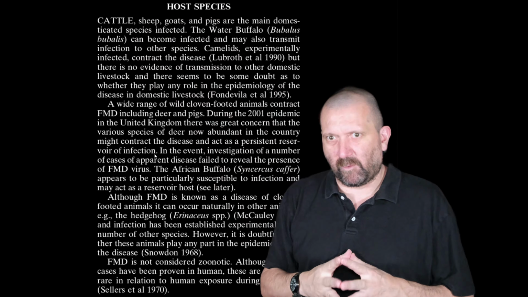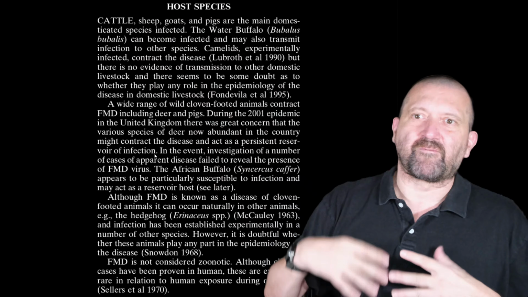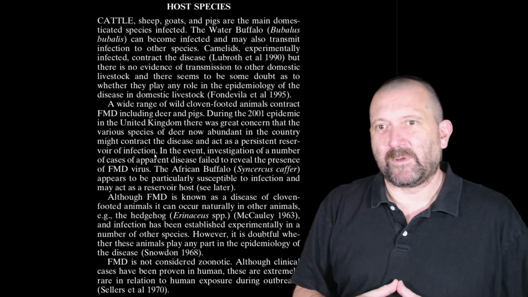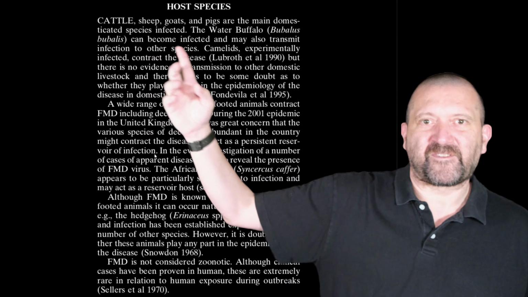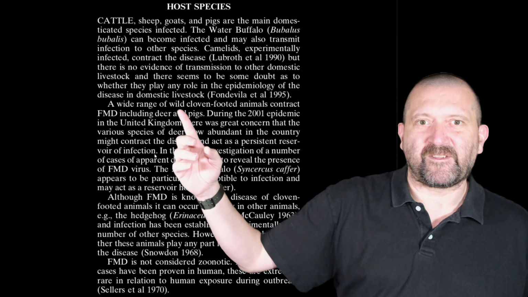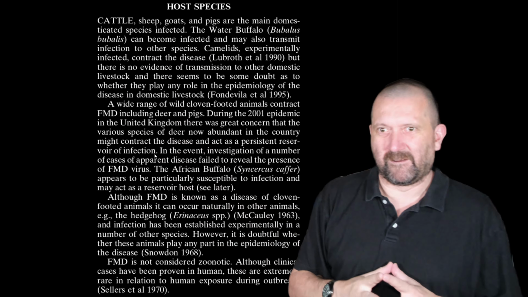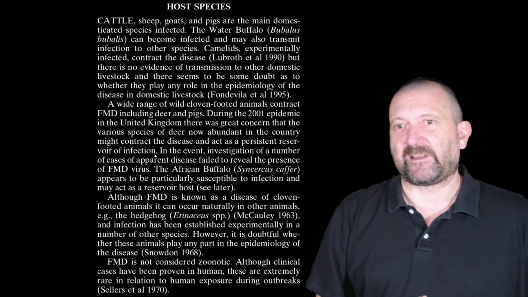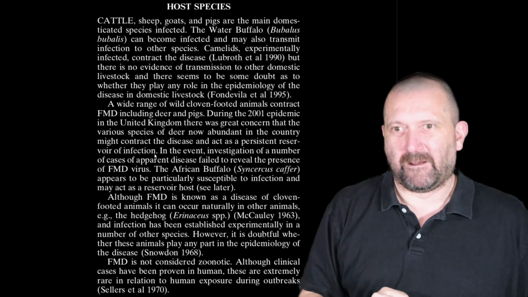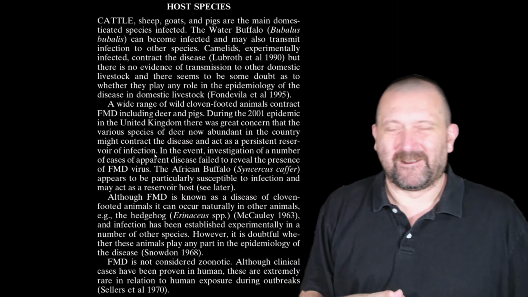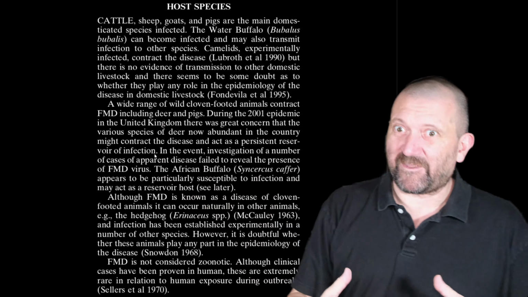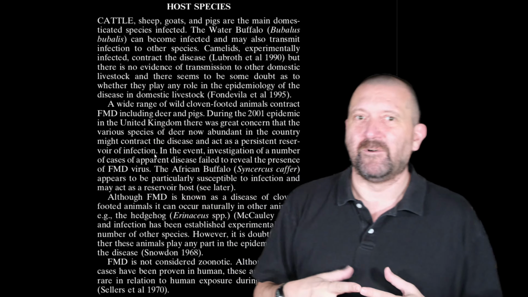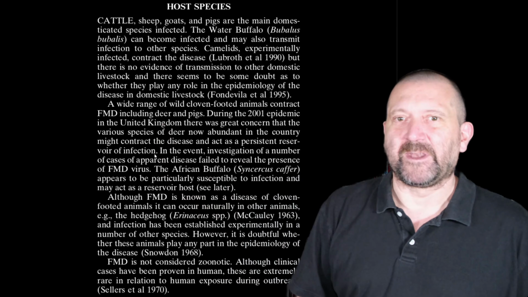But one of the important components, which we'll come back to when we look at spatial models, is that some species in the wildlife can come into contact with the aforementioned cattle, sheep, goats, and pigs. Some of the wildlife species may also get contaminated.